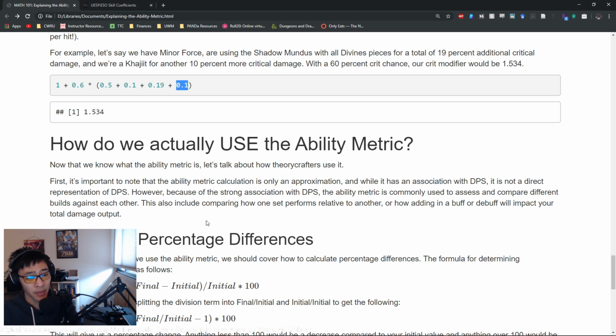It's some sort of value that we can standardize and compare against other values. This is not going to be reflective of DPS. So let's say you make a couple of changes to your builds and you see a 10% increase to your ability metric. That does not automatically mean that you're going to get 10% additional DPS compared to what you had prior, but it is a pretty good approximation, and so it's a pretty good proxy for DPS.